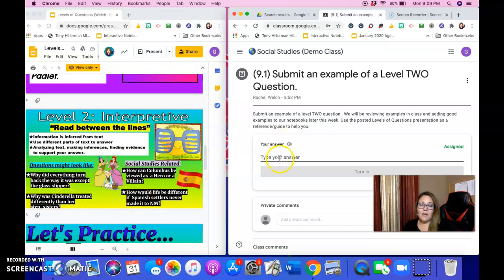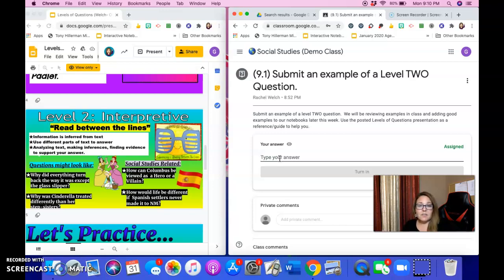And then when I'm ready, I'm going to type a question that I think of that is a good level 2 example. This could be over a movie you've recently watched. It could be over a well-known story. It could be over some sort of history that you've studied last year, something that you're currently studying in class.